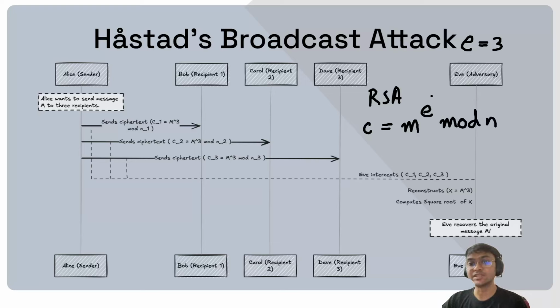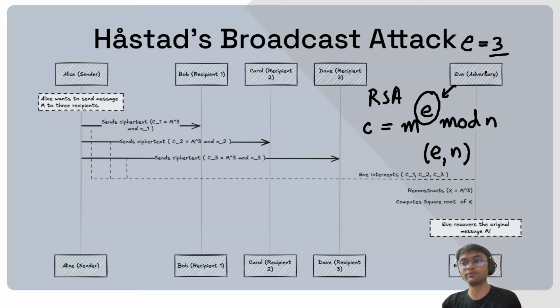Here, e is the public exponent, and e and n form the public key. Historically, the public exponent was chosen as 3 or another low value because that helped increase performance. In 1985, Johan Håstad highlighted the broadcast attack, which illustrates the dangers of using a low exponent, in this case just 3.